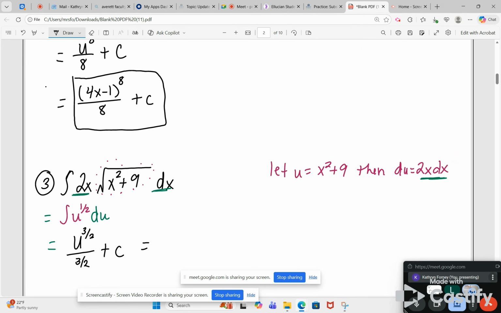And so we don't want to leave this looking like this. Because when you take the antiderivative, you always add 1 to the exponent.